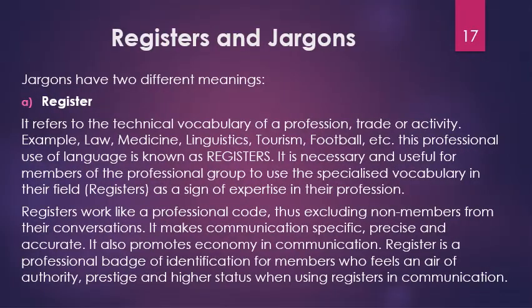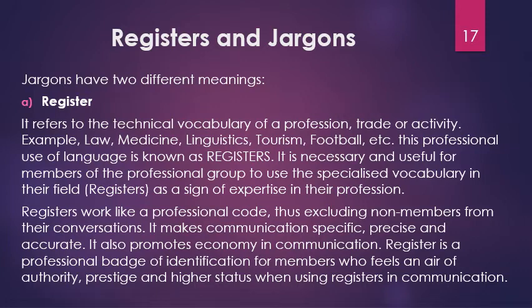That is one thing. Then the next item, class, on this module we're going to talk about is register and jargons. You can see, class, jargons have two different meanings. Let's start by taking the register.